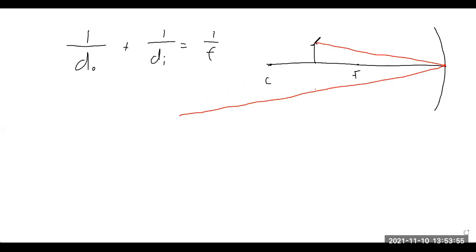And if it goes through the focus, it's going to come out parallel. So things should be meeting up around there.